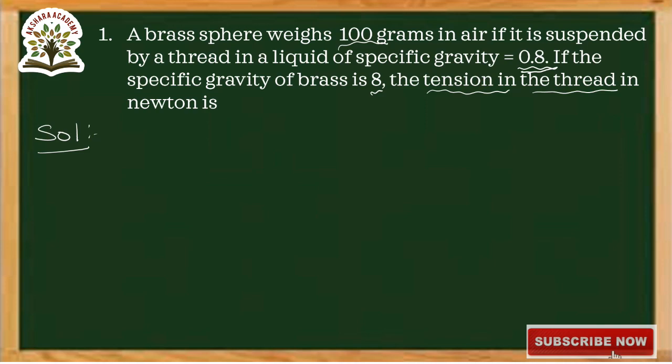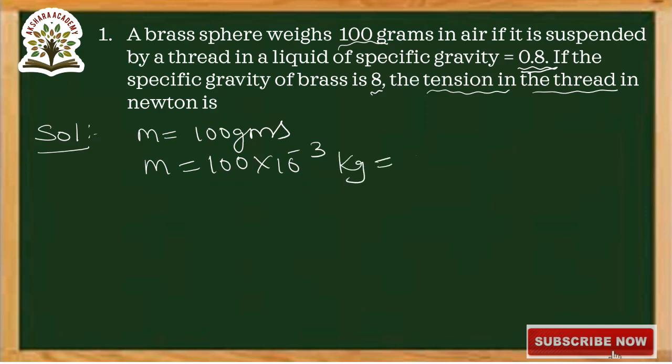Here they have given weight equals 100 grams. That is, mass m equals 100 grams, and we are converting grams into kilograms: 100 into 10 to the power of minus 3, since 1 gram equals 1/1000 kilogram, that is 10 to the power of minus 3 kilogram.